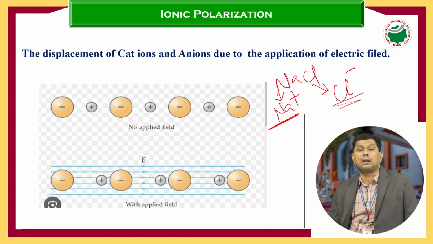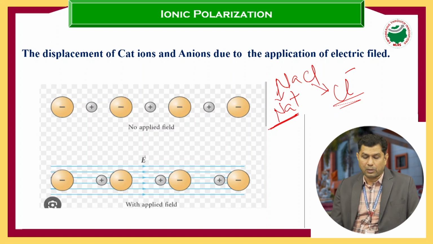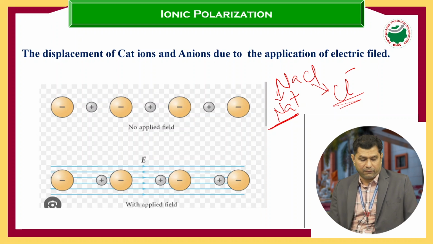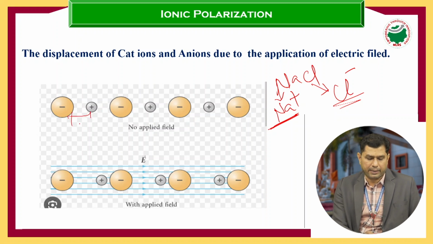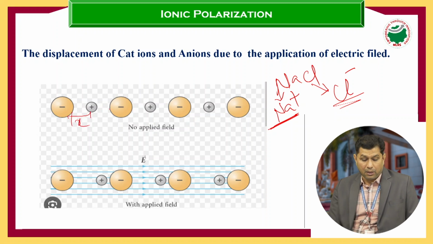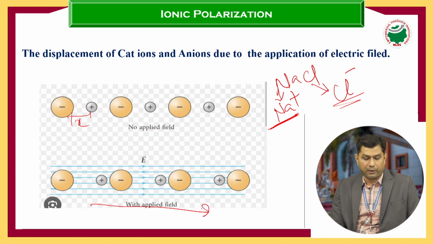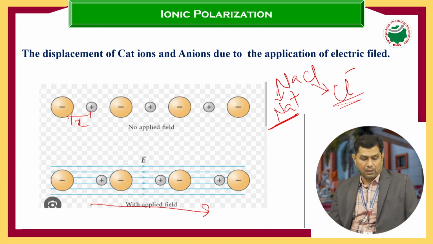Inside NaCl, ions are there, positive and negative ions. When no electric field is applied, they are separated by a certain distance. When you apply a certain electric field, the cations and anions will displace.